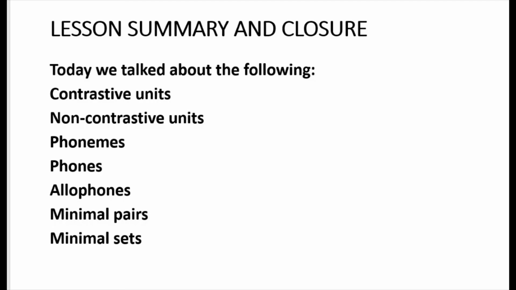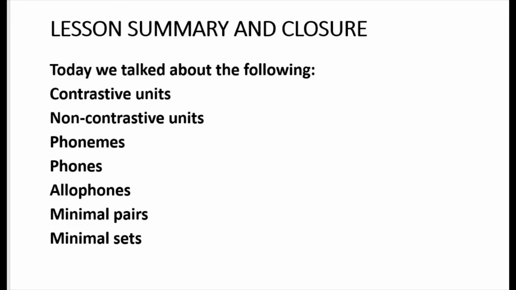Today we've been able to talk about contrastive and non-contrastive units, where we said contrastive units are those sounds or segments which, when changed in a word, can bring about a change in meaning of that particular word. But the non-contrastive units are those sounds which, when changed, do not bring about a change in meaning of a particular word. And usually, non-contrastive units are allophones, or physical realizations of a contrastive unit.